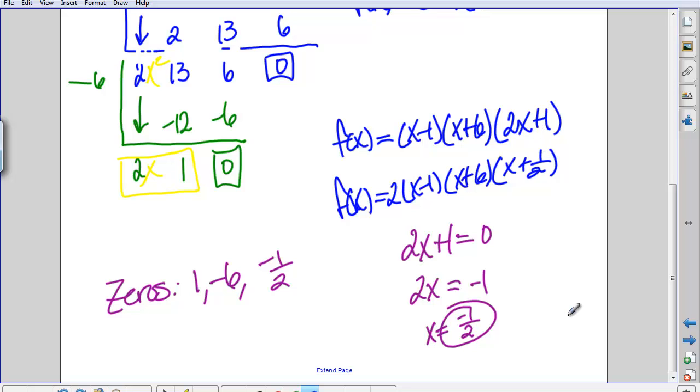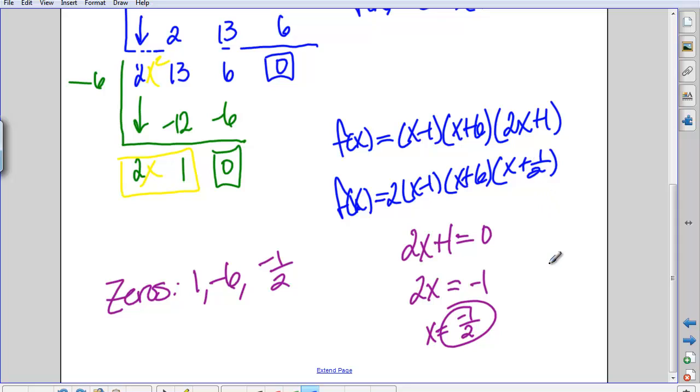Okay, so you'll see this is kind of the standard way of factoring these polynomials, where in this case, since I had a 2x, I factor that 2 out. It comes to the very front here, and now I can look at this and see, okay, x minus 1, plus 6 and plus a half gives me my zeros of 1, negative 6, and negative 1/2.